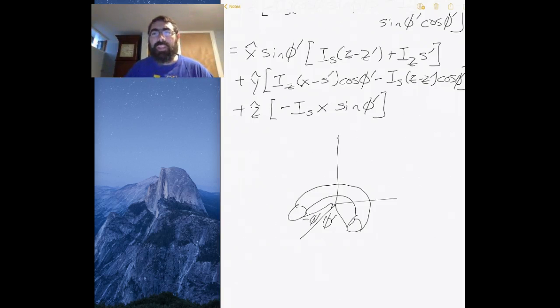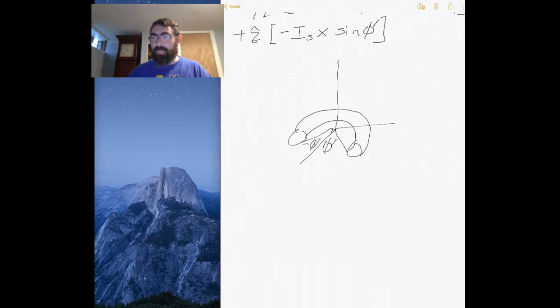Let me draw that again. Basically what you have is that on either side of the x-axis it looks symmetric. So the magnetic field created by the angle phi prime would be canceled by the angle minus phi prime. And so there would be a canceling of the x and z components. The only thing we're left with now is the y component.